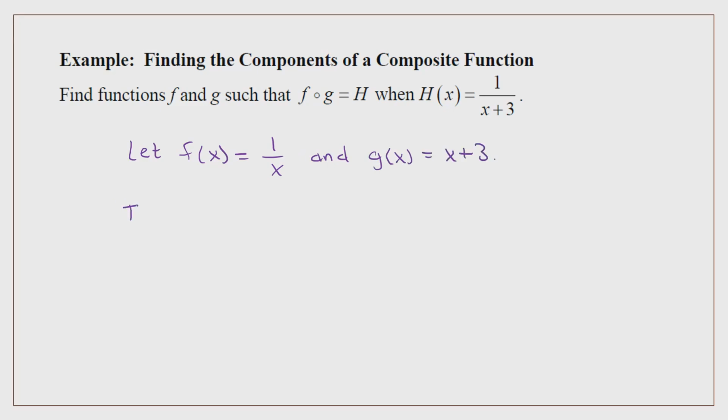So then f composed with g of x equals f of g of x, which equals f of x plus 3, which equals 1 divided by x plus 3, which equals h of x.